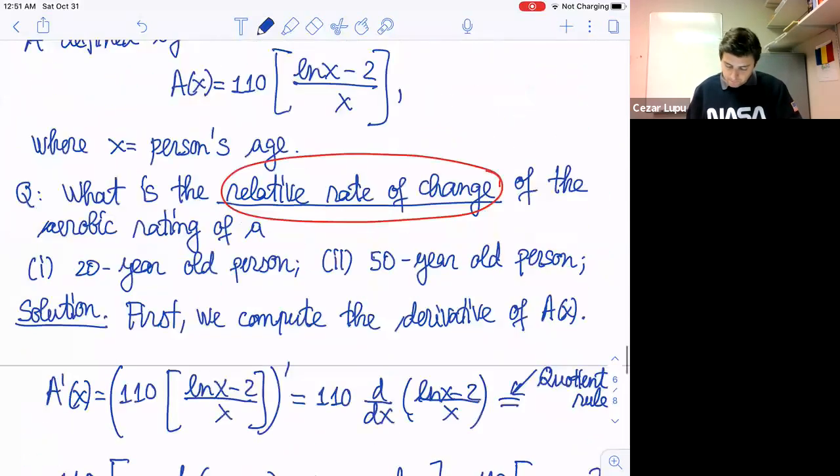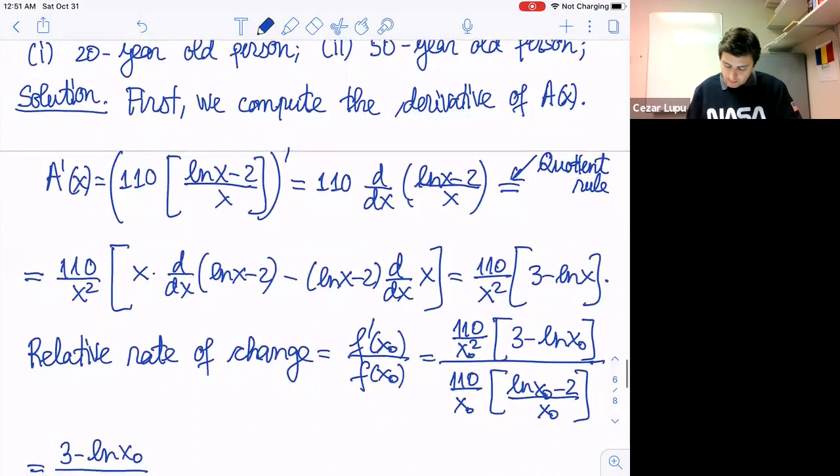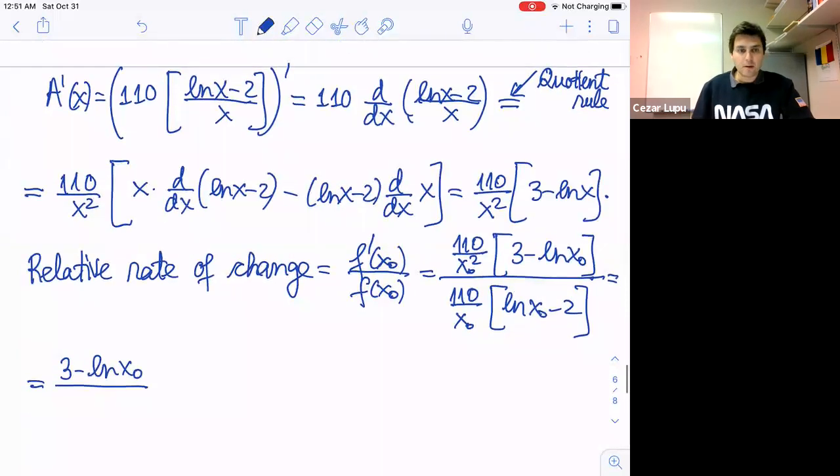Let me see. No, sorry, I put an extra. Okay, a mistake here. So this is just ln of x naught minus 2. All right, now we're good. So this would be 3 minus ln of x naught over x naught times ln of x naught minus 2.